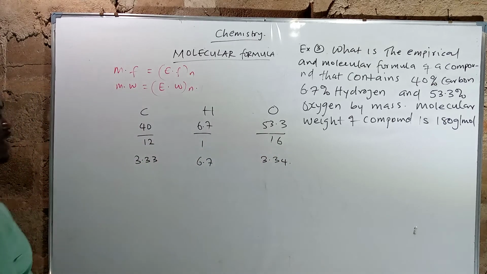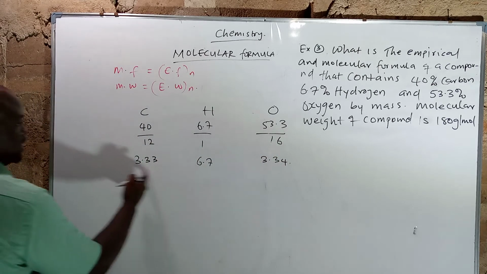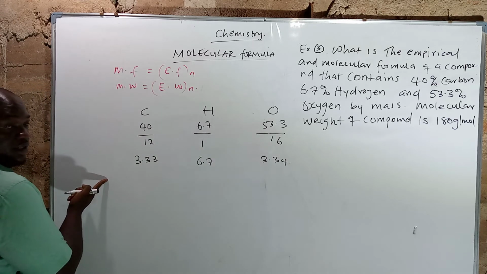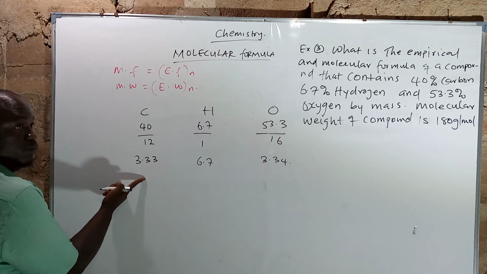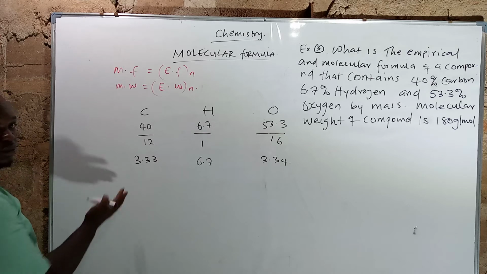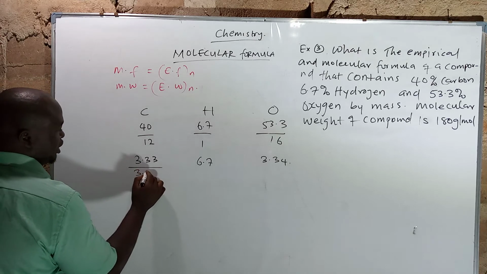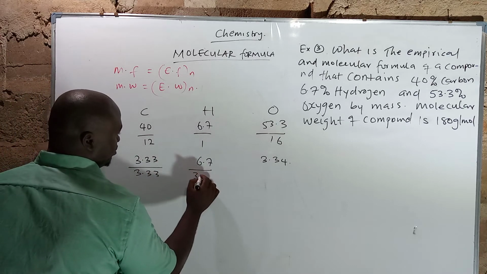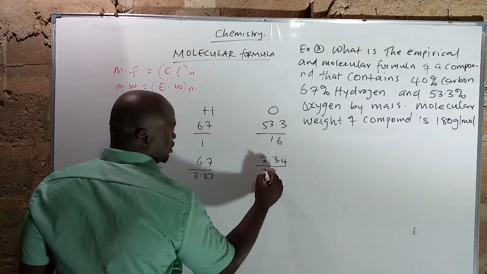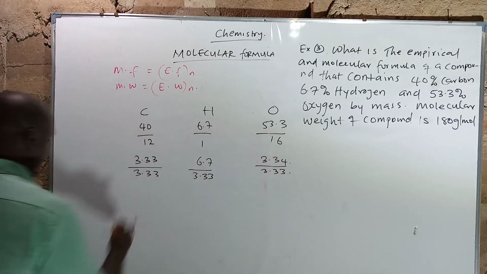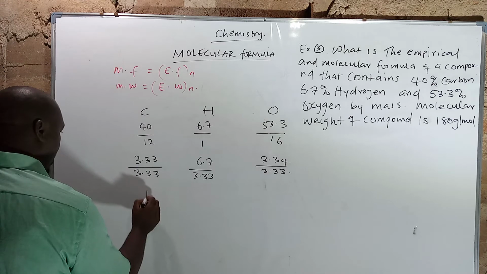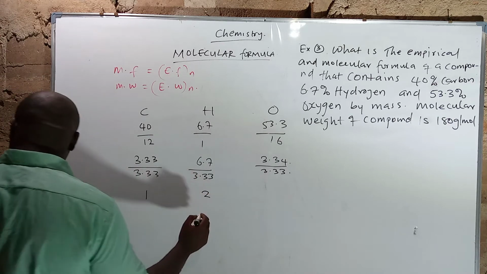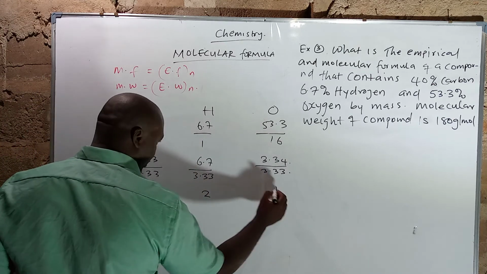Now, of course, you divide by the lowest of them, by the lowest mole ratio. So you divide by 3.33, 3.33, 3.33, and then of course this place should give you 1. Here is 2, and then this place is 1.